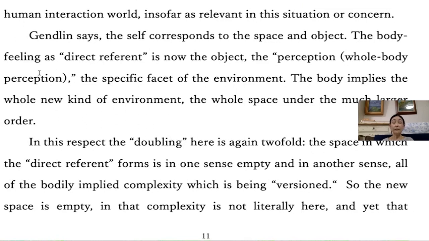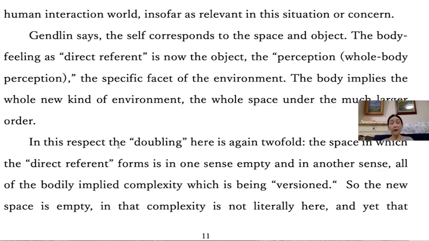The body feeling as direct referent is now the object, the perception, whole body perception, the specific facet of the environment. The body implies the whole new kind of environment, the whole space under the much larger order.